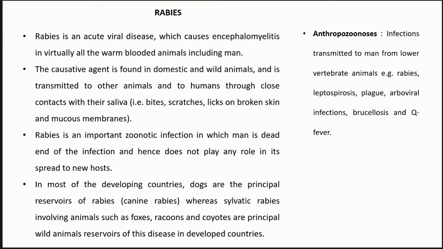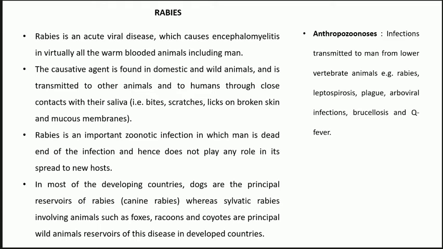According to classification, rabies comes under one part, that is infection transmitted to man from lower vertebrates, anthropozoonosis. Rabies is an acute viral disease which causes encephalomyelitis in virtually all warm-blooded animals, including man.